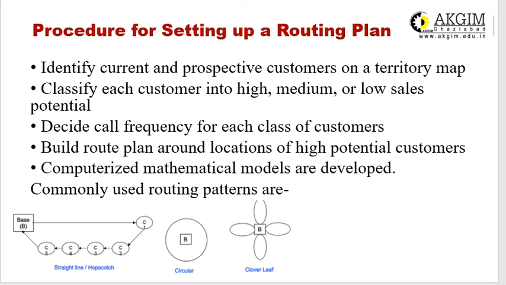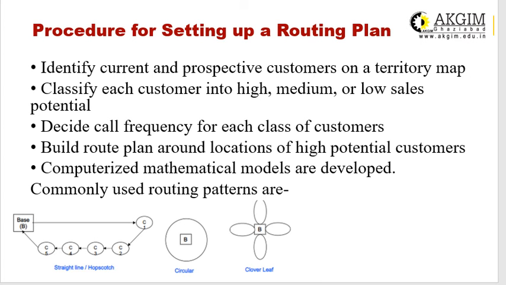Accordingly, the sales frequencies have to be decided for each class of customers. Then the route plan is decided according to the importance of the customers, building the route plan around the locations of high potential customers. For this, computerized mathematical models are also developed.